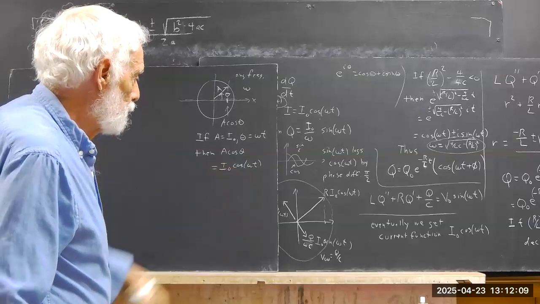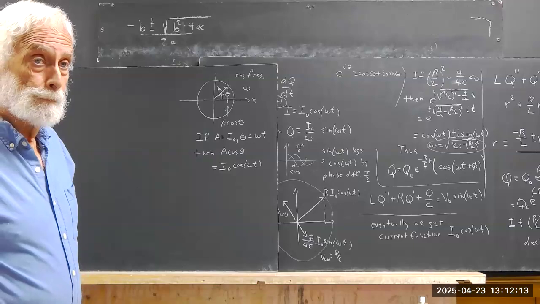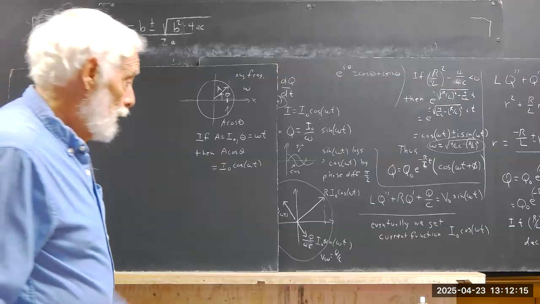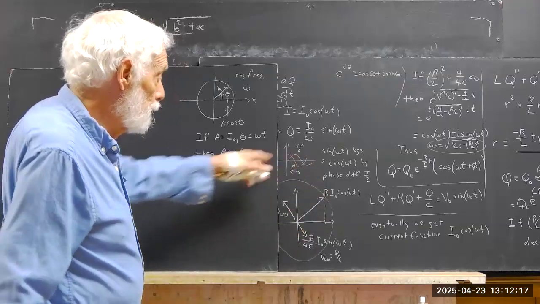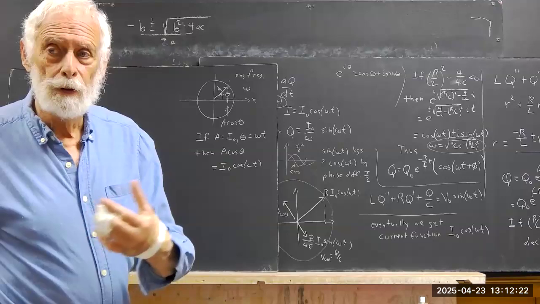Cosine theta equals I naught cosine of omega t, right? And that's just this vector here. So this vector is going around this circle with angular frequency omega.